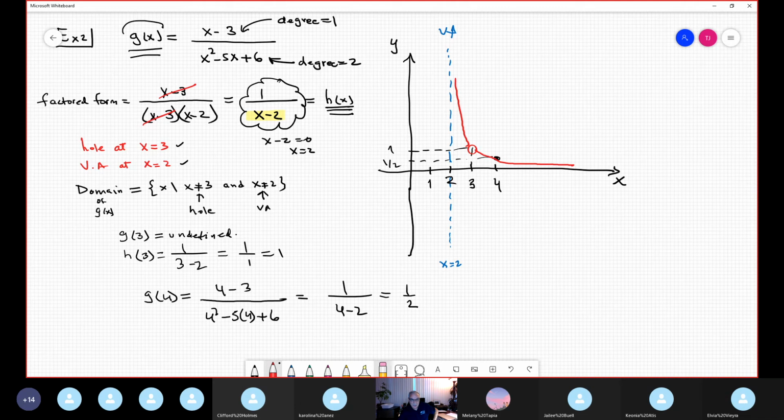And what about the left part? For the left part, I propose to evaluate g at 1, or at 0, or at -1, any arbitrary value.